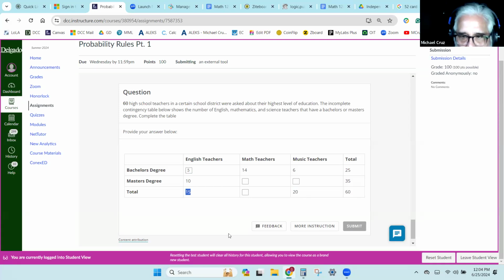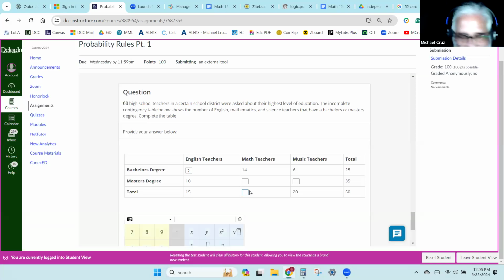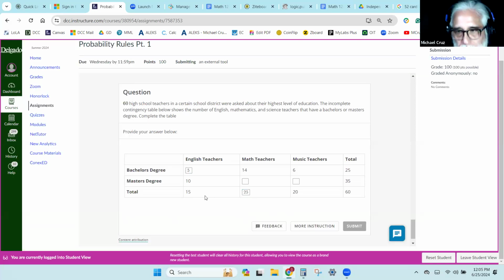I've got 20 and 15 already. 20 plus 15 is 35, and then I'm going to subtract that from 60. So the number that's missing here is 25. 15 and 25 is 40, plus 20 is 60. Then we can do one of these two. It doesn't matter which.